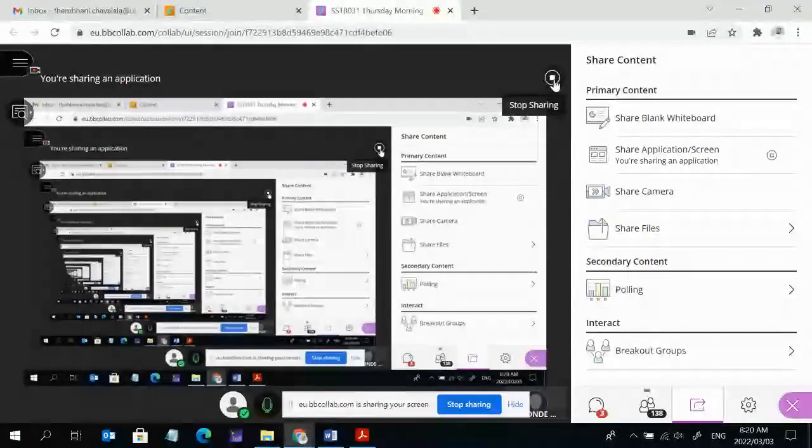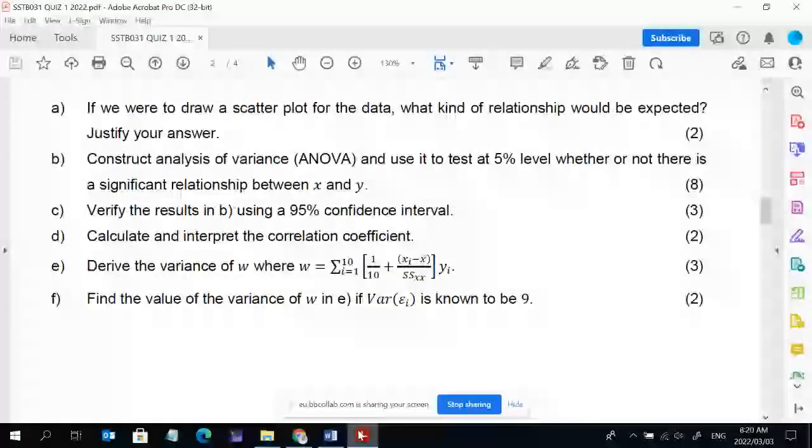Thank you. Now let's go to the question paper. On number D, we are saying calculate and interpret the correlation coefficient. This is R. There are people who calculated the correlation coefficient on the first question, and on the first question, I didn't ask anyone to calculate it.